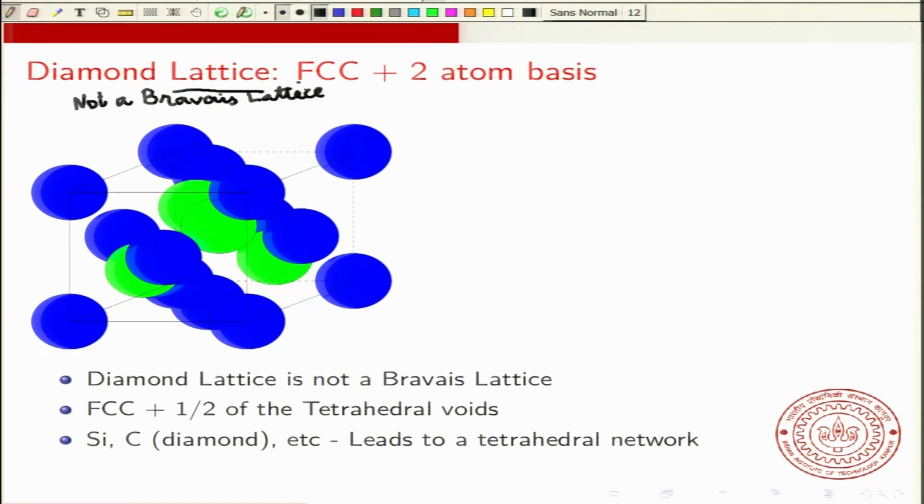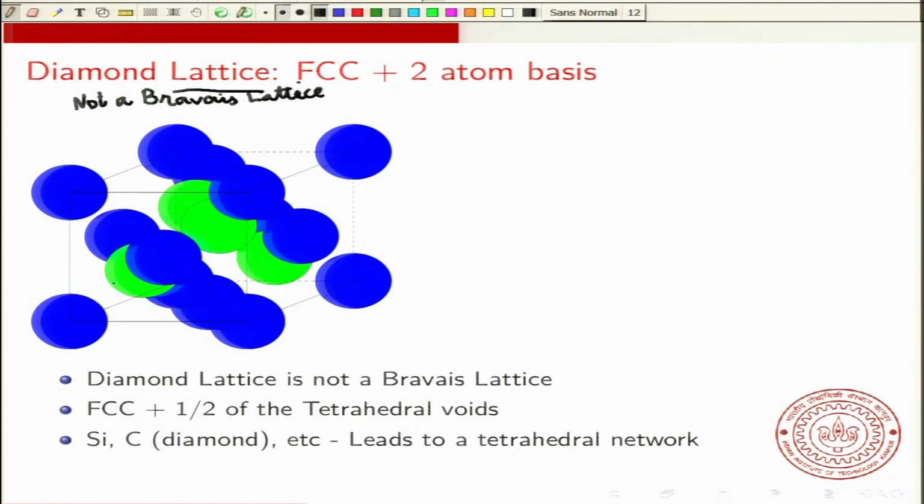You can also think of it as an FCC with a two atom basis. One atom is shown in blue, the other atom is shown in green, and an FCC with a 2 atom basis will have 8 atoms per unit cell, and that would be a diamond lattice. This is the structure for silicon or carbon, the diamond structure of carbon.